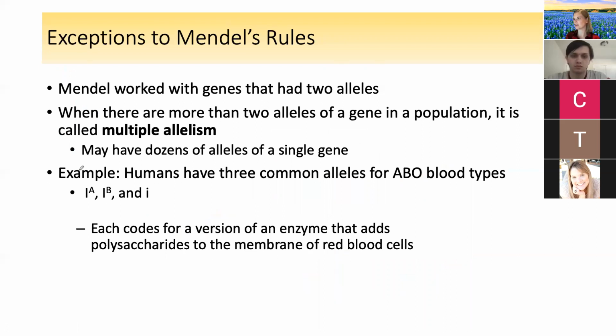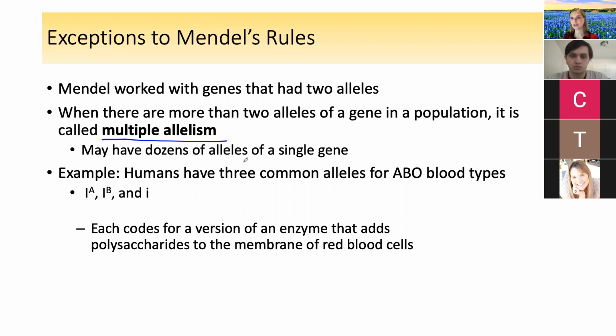Another one that we're going to look at here now falls under something known as multiple allelism. So here we're looking at where you might have a larger selection of alleles for a particular trait rather than just two.